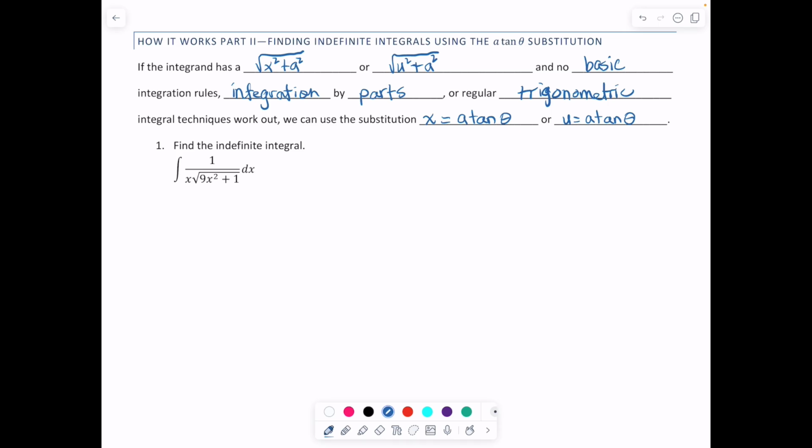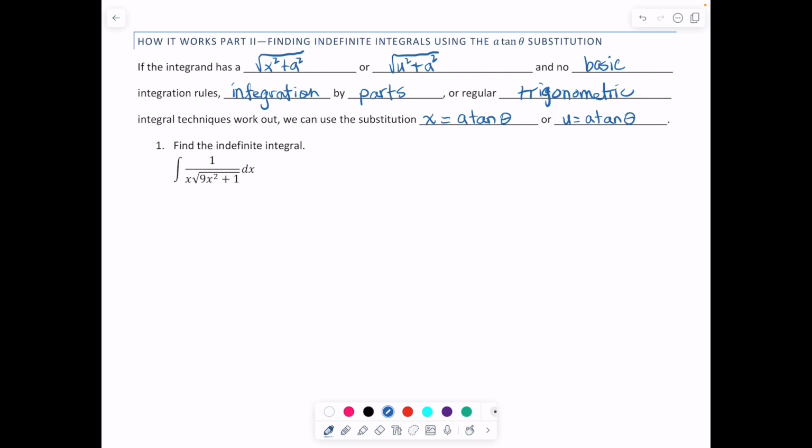So if we take a look at this one, what I see is that if the first x had been in the numerator, we would have been golden, right? We would have been able to use pattern recognition or substitution and the power rule, but it didn't happen like that.